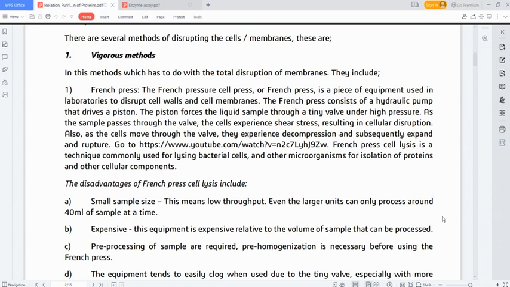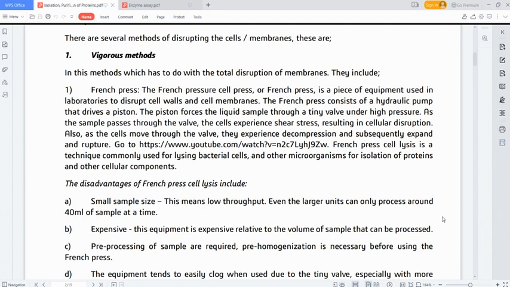You have the vigorous method, and in this vigorous method, one of the methods is the French press. We have a link in our notes in case you want to see the French press. You can always copy that link on YouTube. What it does is that the machine presses down on the membrane that we want to extract the protein from.